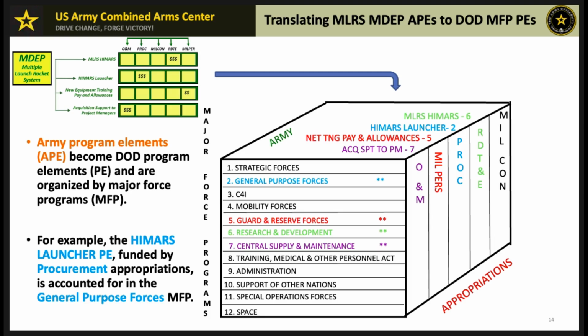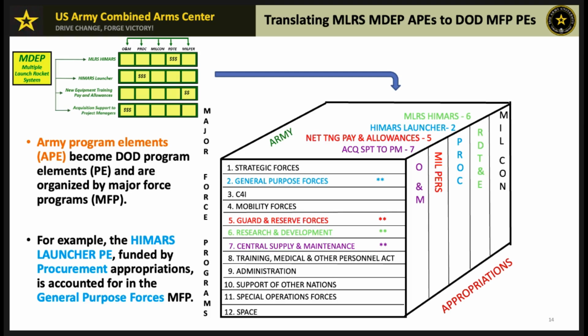Each PE is aligned with a specific appropriation shown on the right, such as O&M or procurement. The PEs are also connected to one of the 12 major force programs, represented by numbers like 6 for MLRS HIMARS, which corresponds to MFP6, Research and Development.